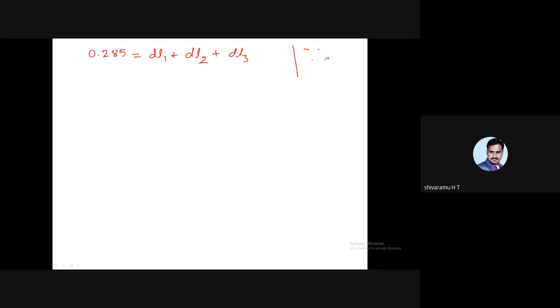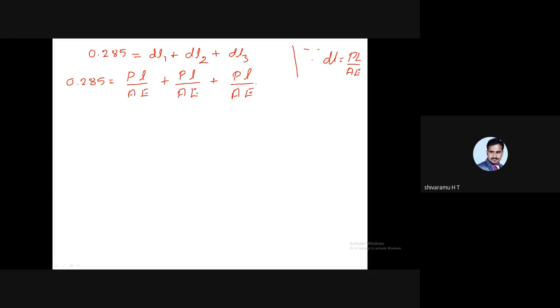Anyway, we know dl is equal to PL divided by AE. So here we can take 0.285 is equal to dl1. Let me write first initially PL divided by AE, and here also PL divided by AE plus PL divided by AE.